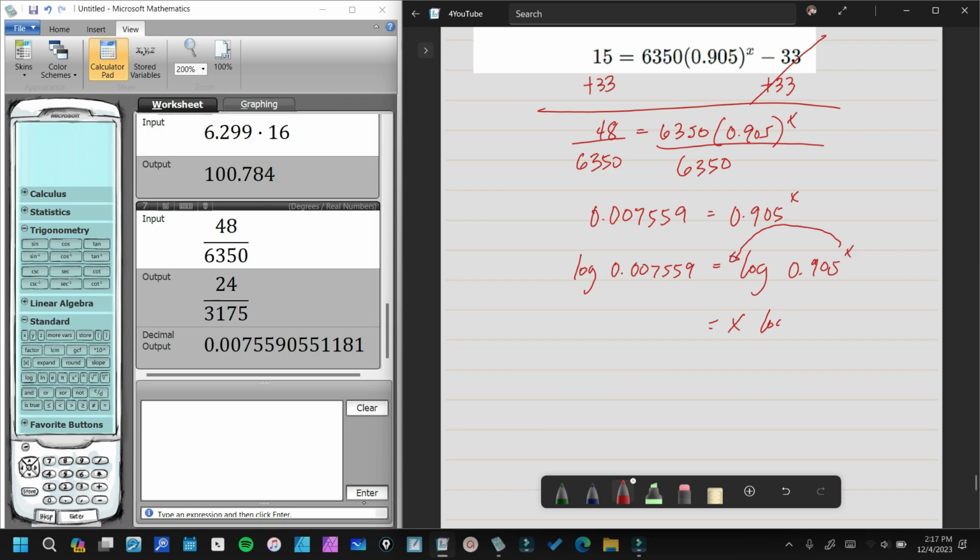So x equals logarithm 0.007559 over logarithm 0.905. Okay, so we will divide both sides by logarithm 0.905. We can cancel that out.